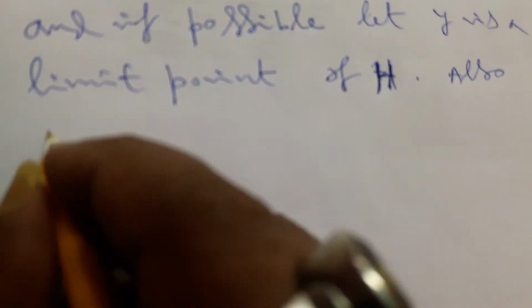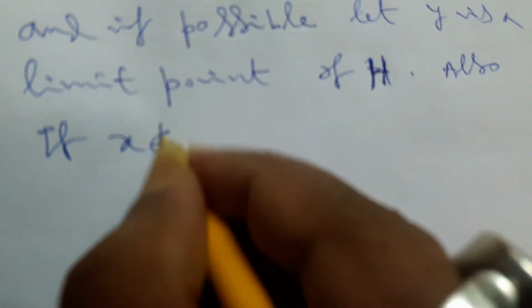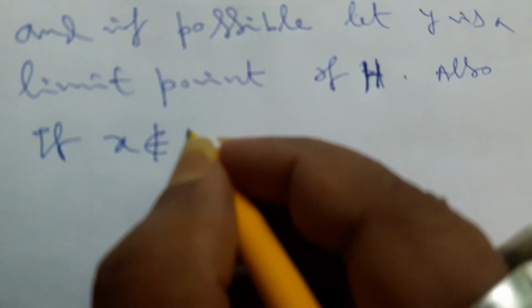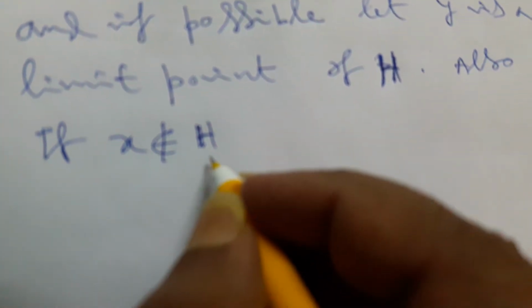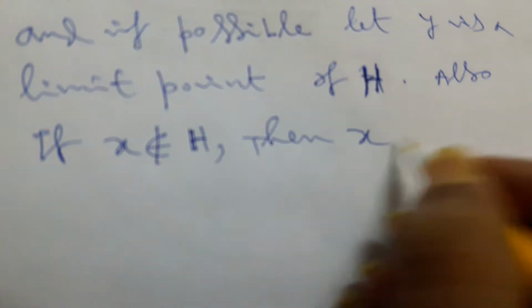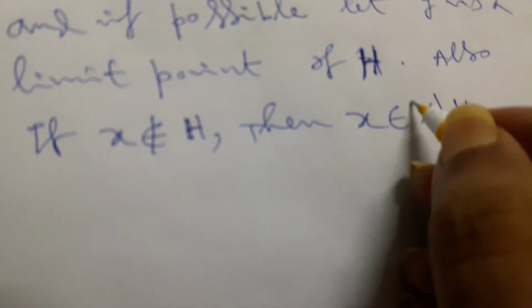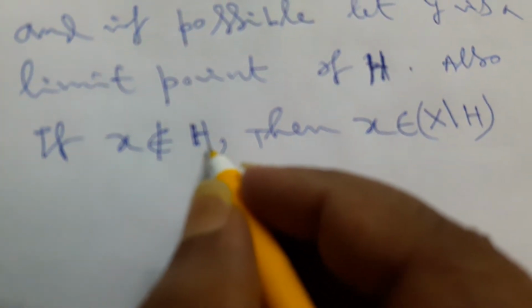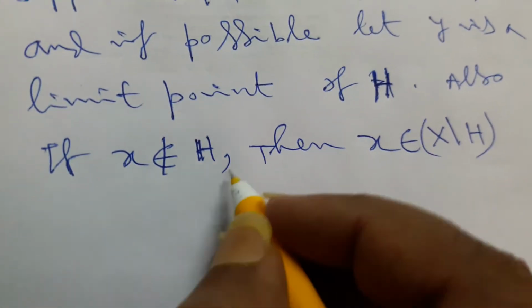Also, if x does not belong to H, then x belongs to X minus H. Obviously, if it does not belong to H, then x belongs to this, because we already know a limit point may not lie in the set.